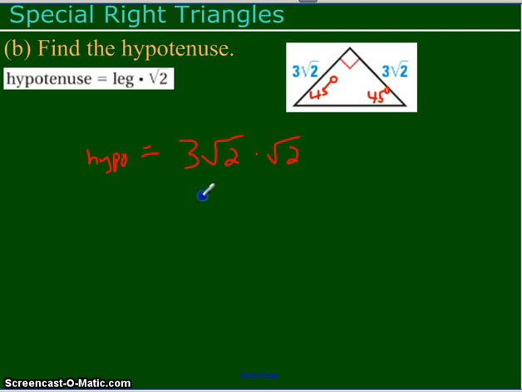So that would be 3 radical 4. Well, radical 4 is just 2, so 2 times 3, bam, 6, and we're done. So the hypotenuse would be a length of 6. So real nice, short, easy problems here.